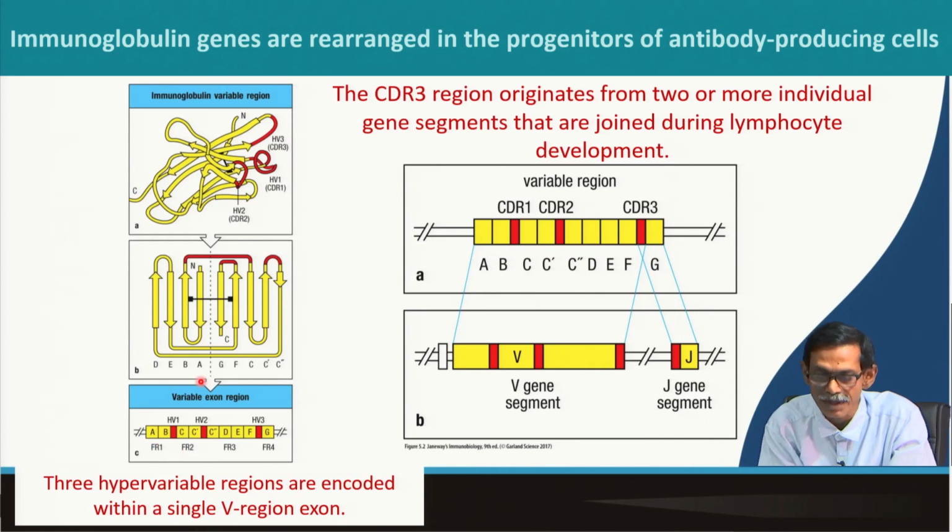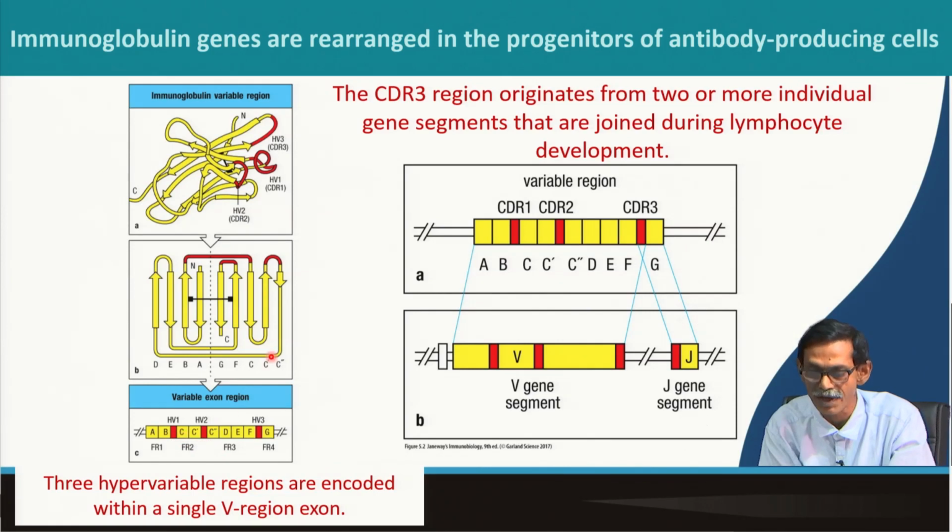Okay. And now, this same picture is made in a little simplified form here. So, it is A, B, then hypervariable 1 and then C. So, the hypervariable region between B and C is HB1.